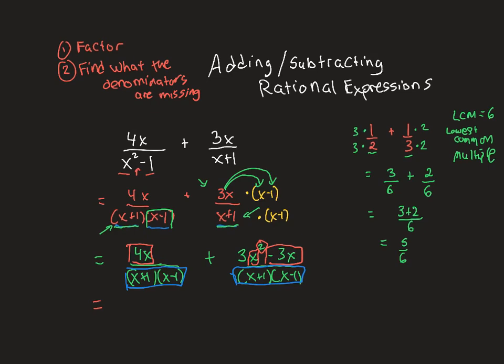So I'm going to put that here, 3x squared, because I can't touch it. That's a banana. That's 3 bananas. So 4 apples minus 3 apples is 1 apple, or x, over x plus 1 times x minus 1. Okay?